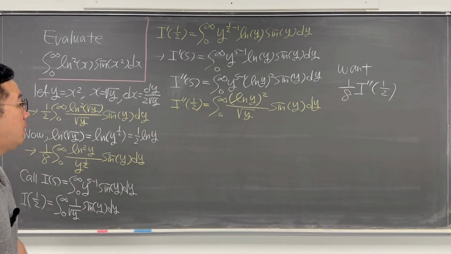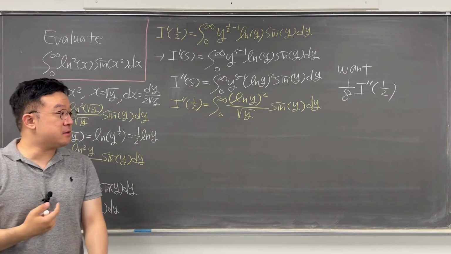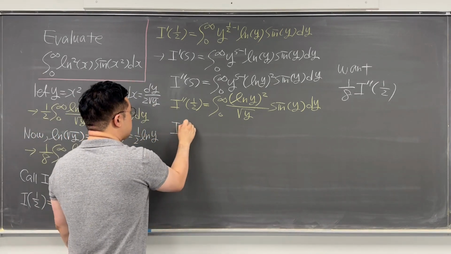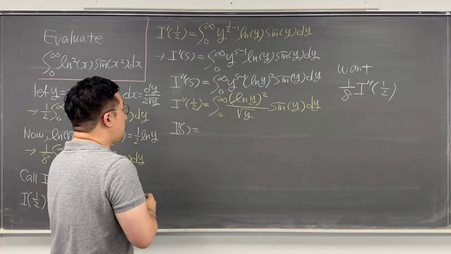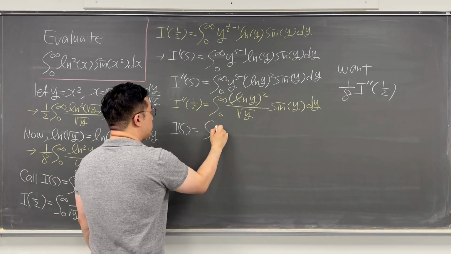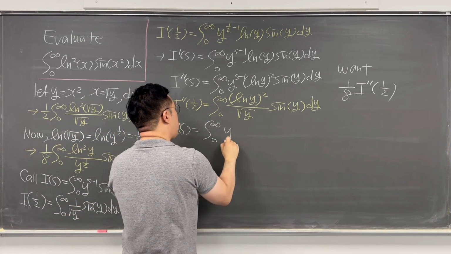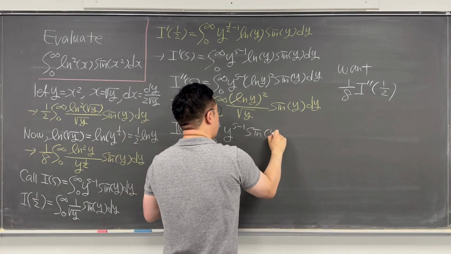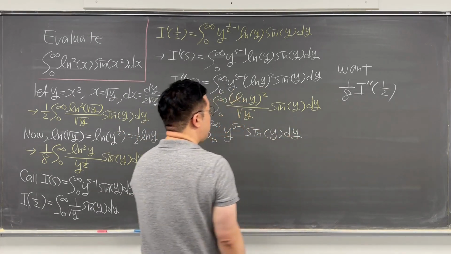Okay, then let's talk about I of s some more in detail. I of s was the integral from 0 to infinity of y to the power of s minus 1 times sine of y dy, right?